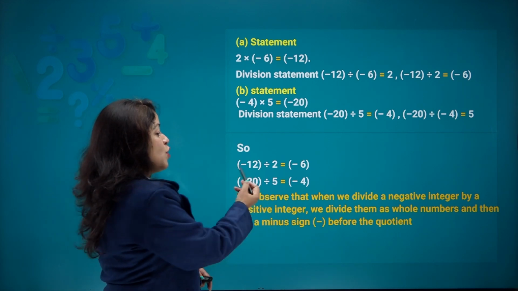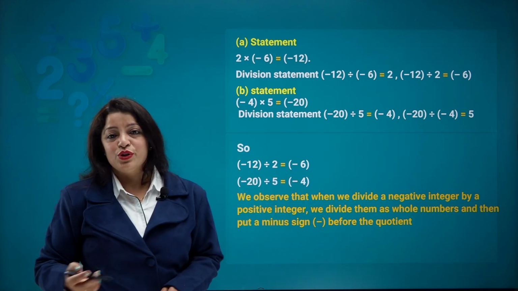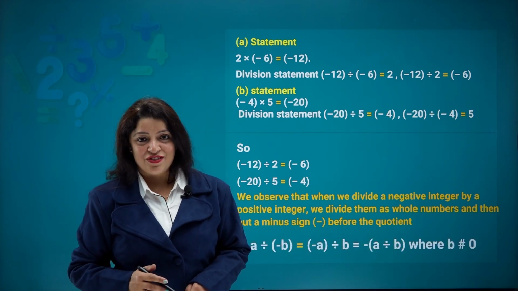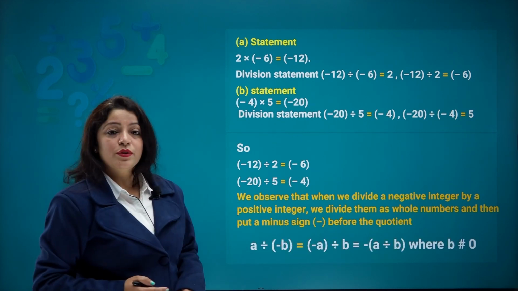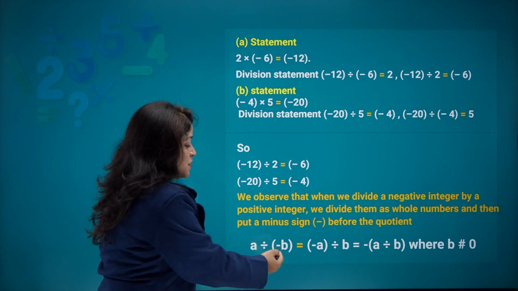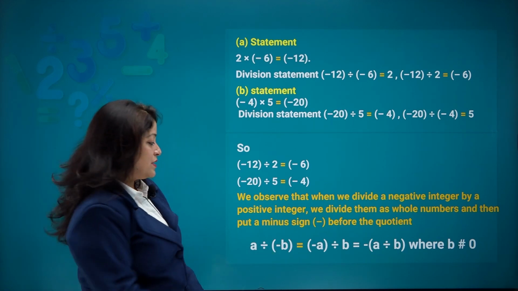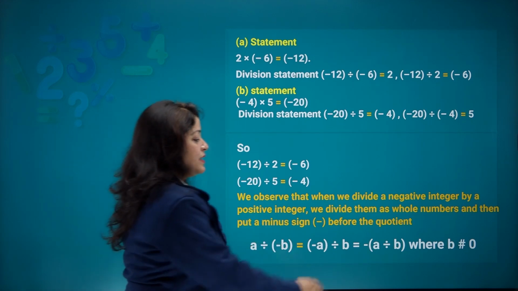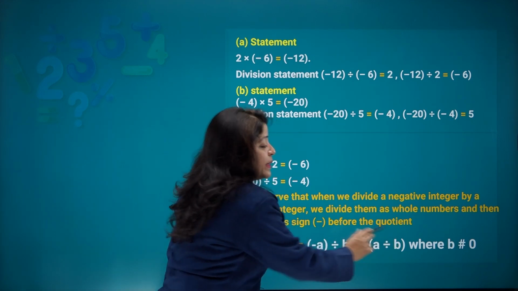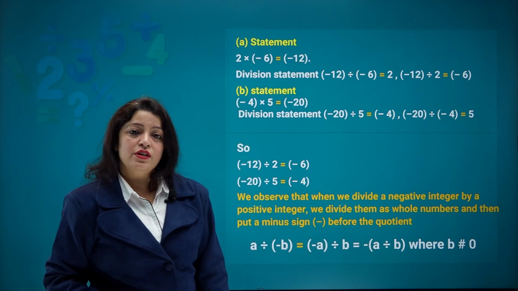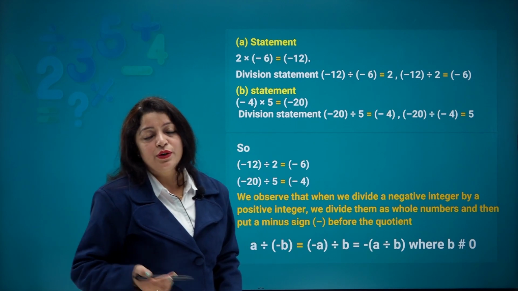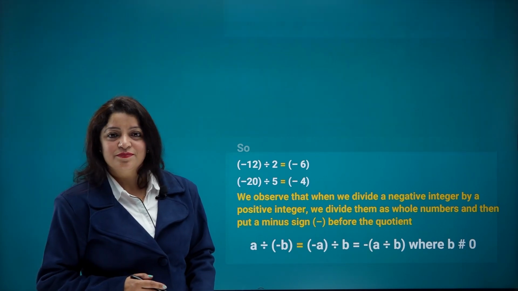And if they are of opposite sign, the final result is going to be negative. It is just as we have done for multiplication. So we can conclude that a divided by minus b, or minus a divided by b, will be the same as minus of a divided by b. But here the condition is that b is not equal to 0.